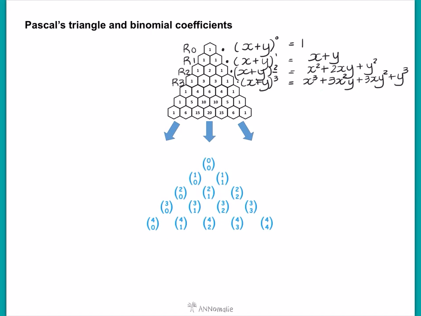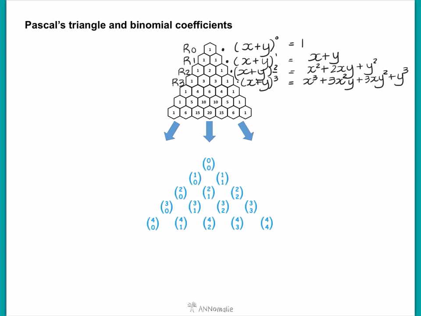Beautiful mathematics. So we can use these values in Pascal's triangle to do the expansion of a binomial. But the interesting thing is that if we use the choose function that we just had in the previous slides, these values correspond to what we call binomial coefficients.